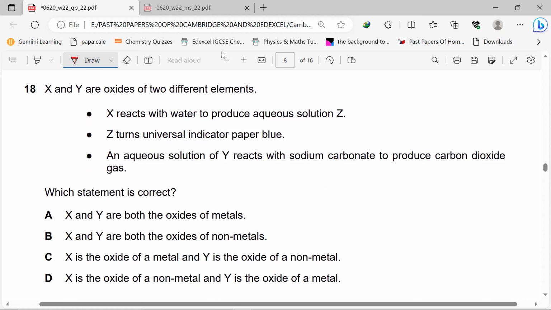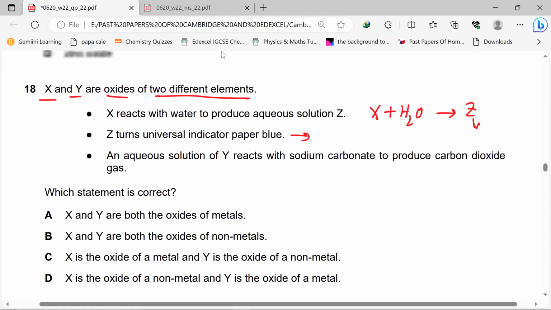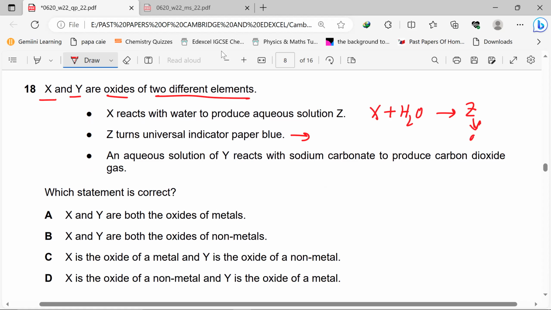Number 18, X and Y are oxides of 2 different elements. X reacts with water to produce an aqueous solution of Z. X plus H2O is equal to Z. Z turns universal indicator paper blue, definitely. So Z is an alkali.